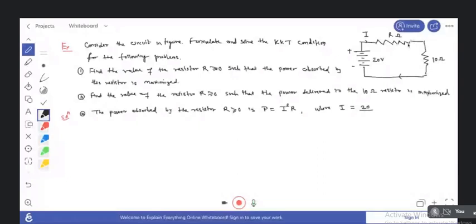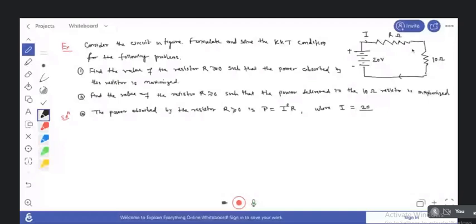If two resistors are connected in series, the total R is R1 plus R2.